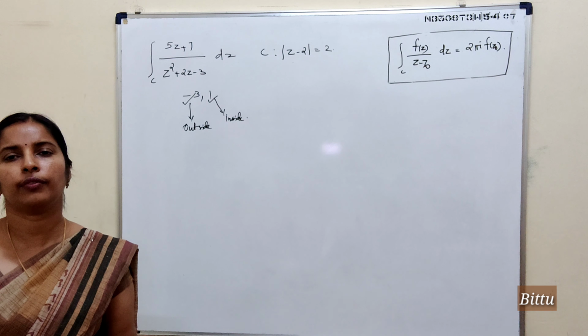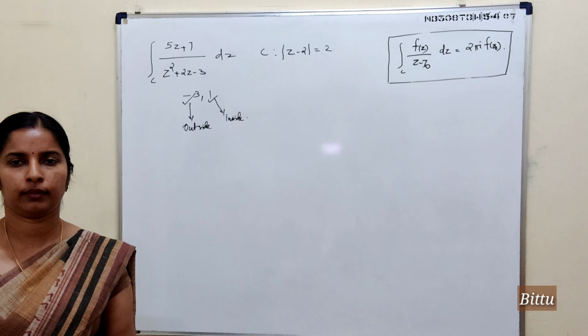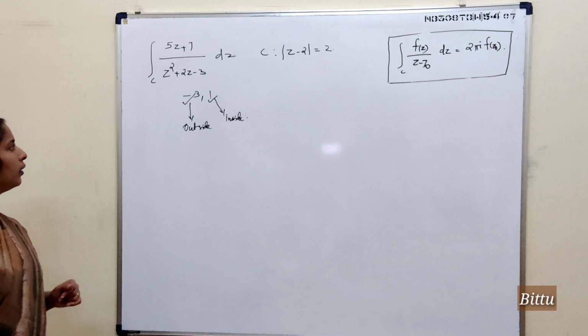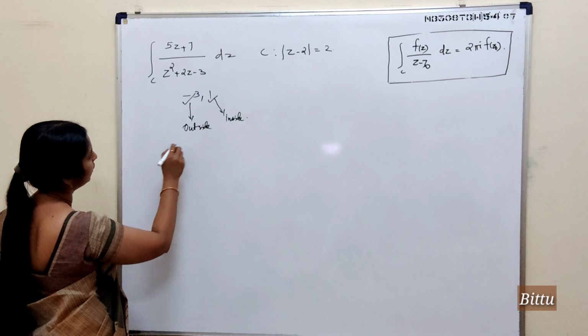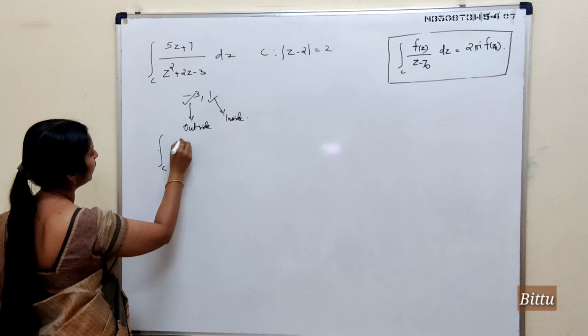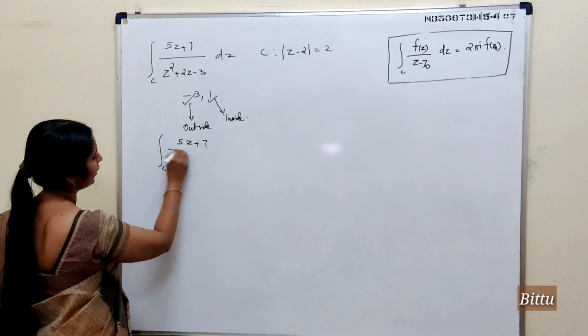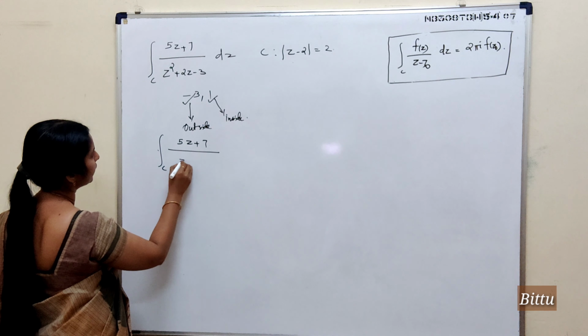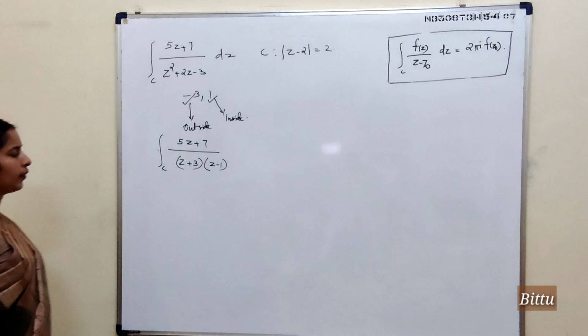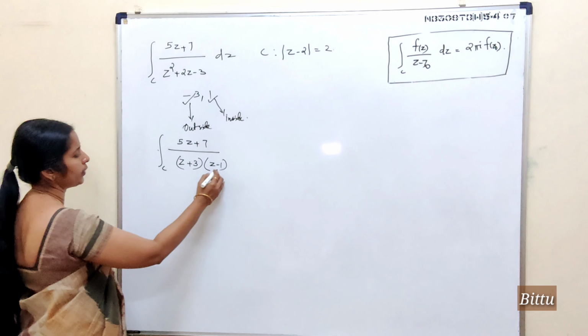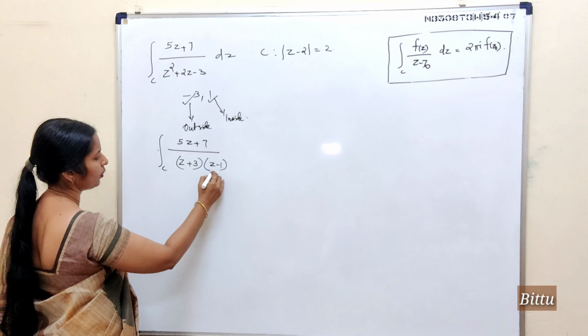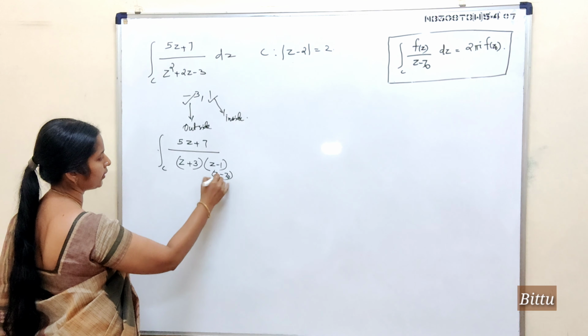So there is no need of giving partial fraction. We have to rewrite the given question by factorizing the denominator, and it is like this. Here only one singular point is within C and it is 1, so we can consider it as z minus z0.